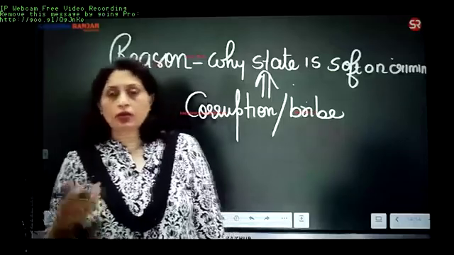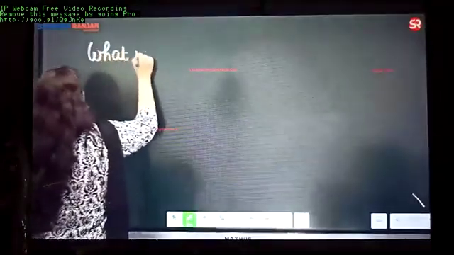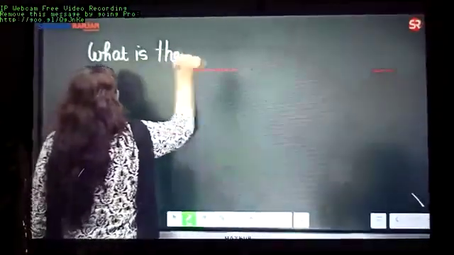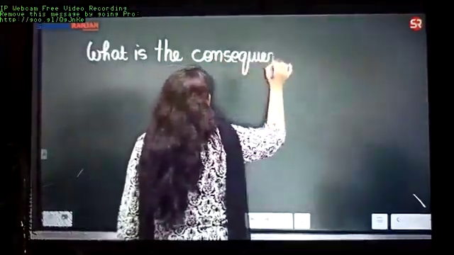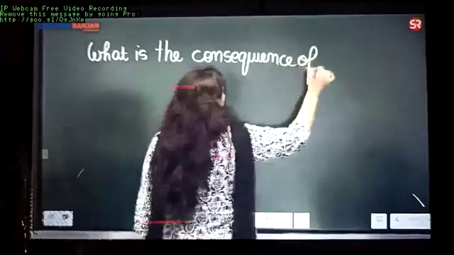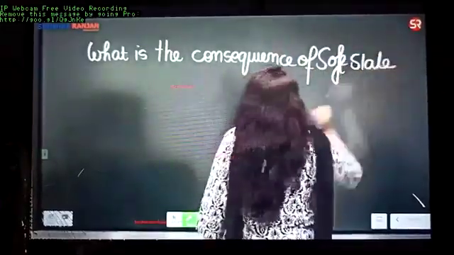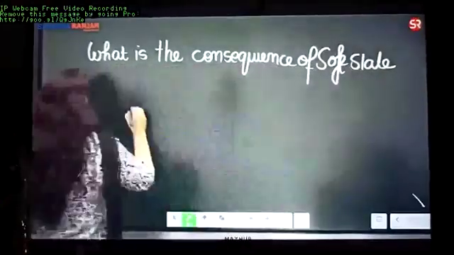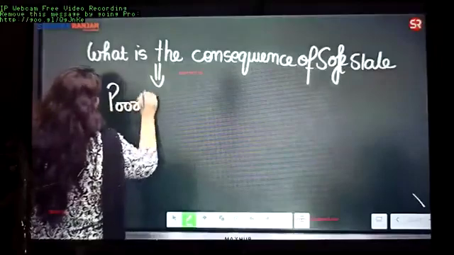Now, what is the consequence of this? What is the consequence of soft state? The consequence of the soft state is poor law and order.